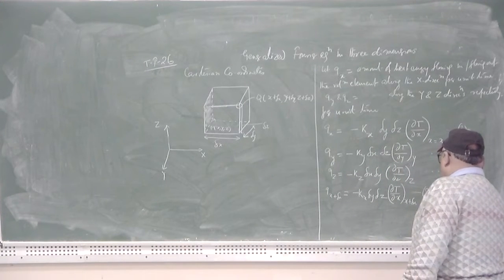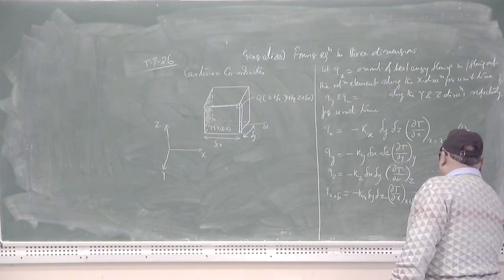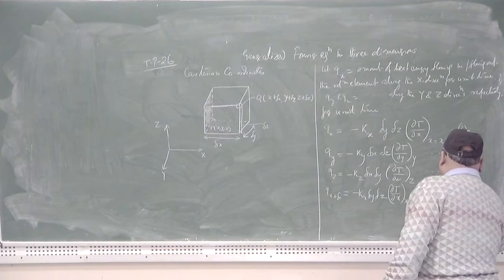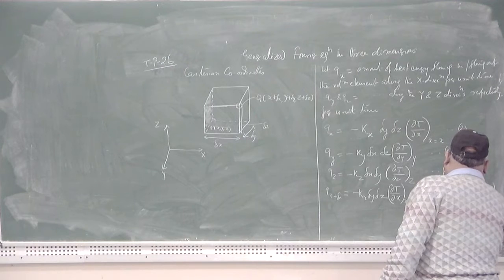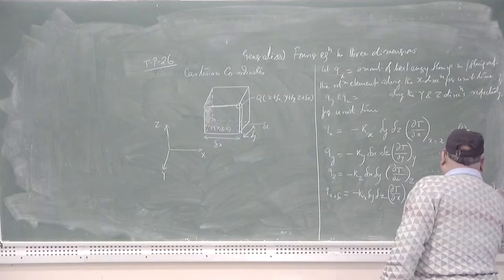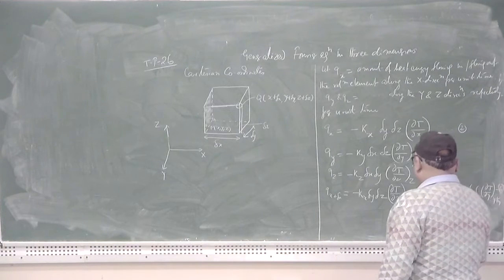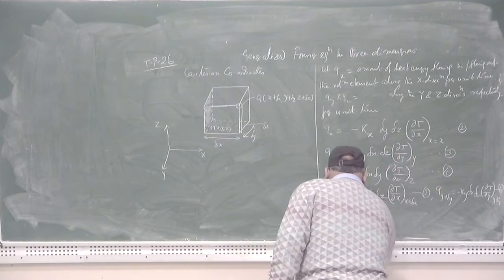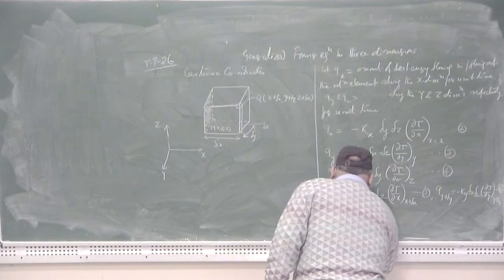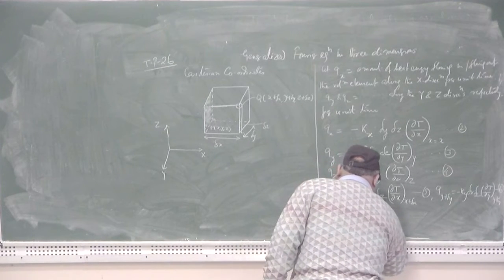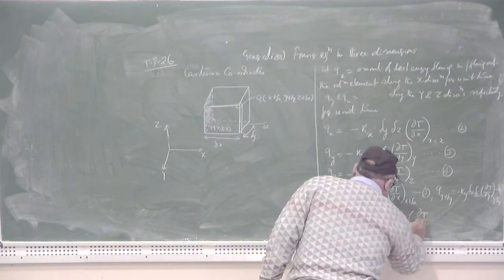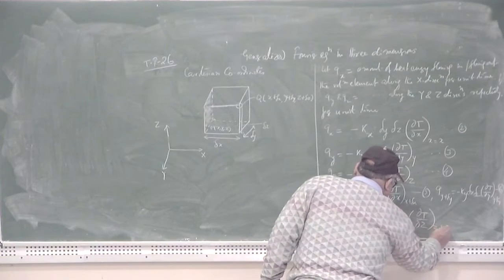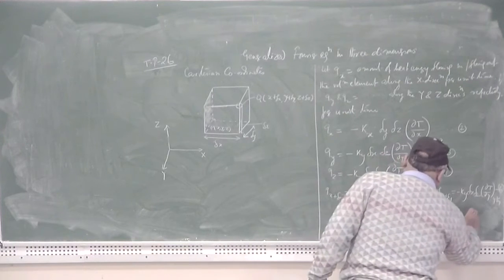Similarly, q y plus delta y is equal to minus ky delta x delta z del T by del y, the value at y plus delta y. Let it be equation number 6. Similarly, q z plus delta z is equal to minus kz delta x delta y, the temperature gradient along the z direction at the point z equal to z plus delta z. Let it be equation number 7.